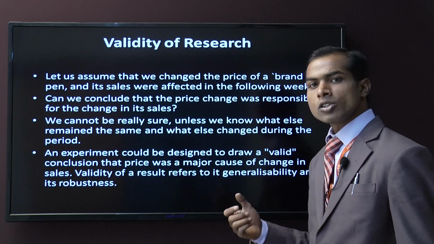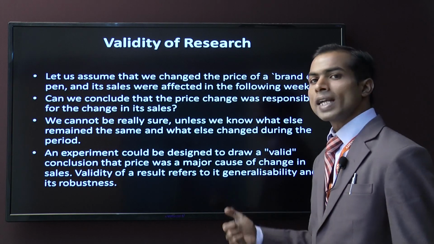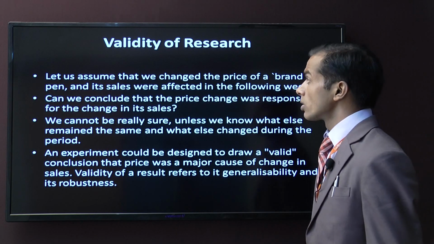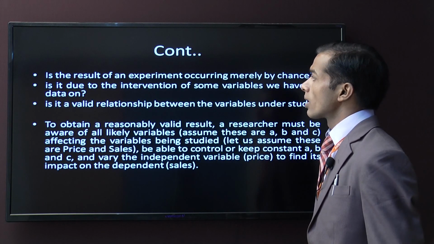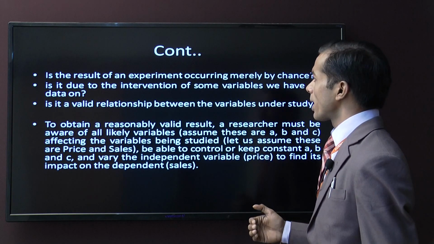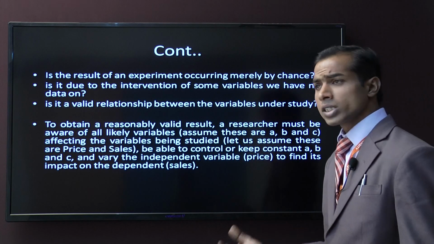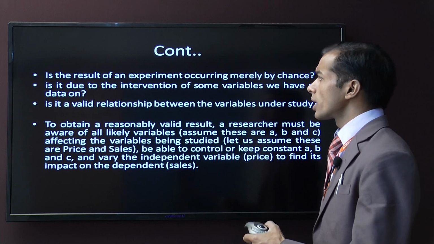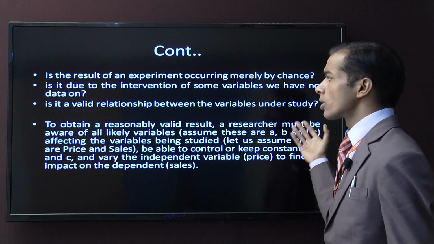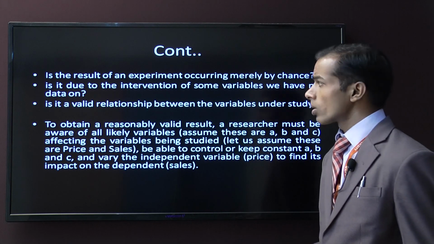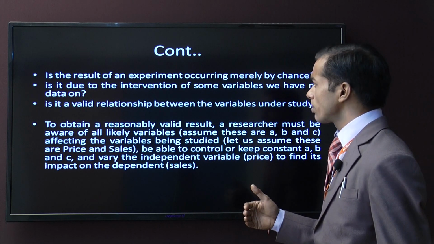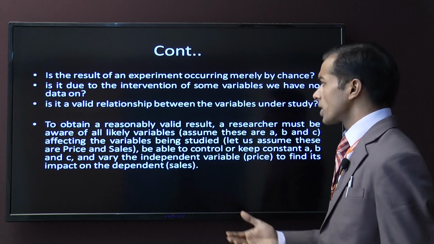Validity of result refers to its generalizability and its robustness. So the validity of research is very much important. Is the result of an experiment occurring merely by chance, or is it due to the intervention of some variables that we have no data on? Is it a valid relationship between the variables under study?